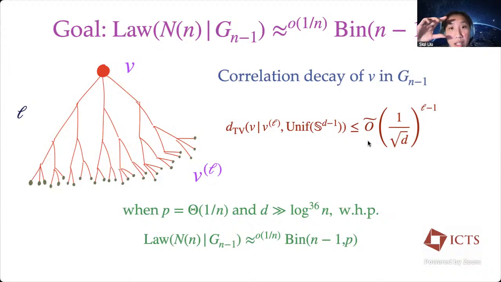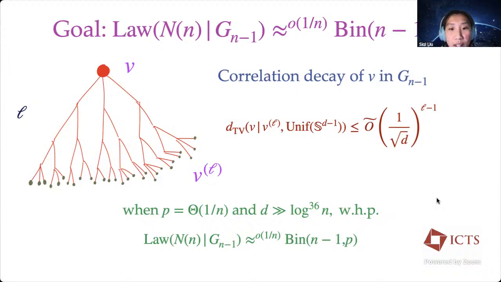It turns out that if you pick p to be on the order of 1 over n, then tau will be roughly 1 over square root D. Okay, okay. So that comes from there. But I couldn't give much more intuition without saying. Fair enough. Okay. Thank you. No problem. Thanks for the questions, actually.